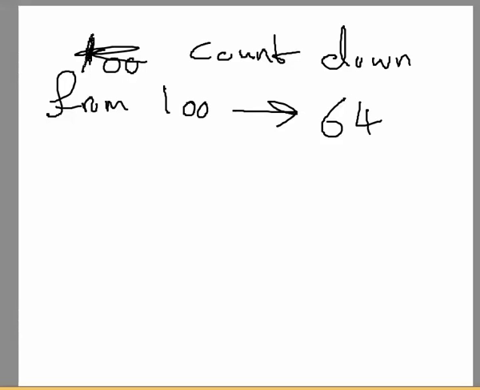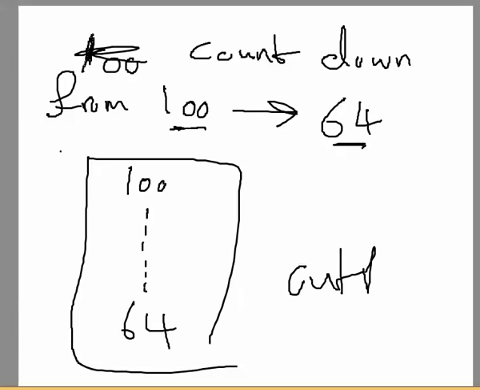Using both, first use while, then use for. The output should print the values from 100 going down to 64, right? So this should be your output. This is what I would like you to do.